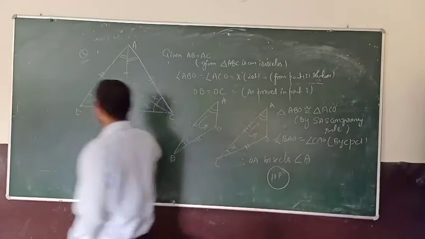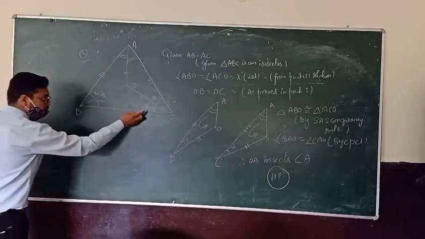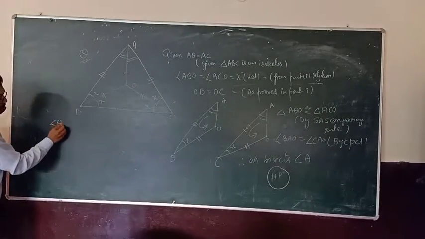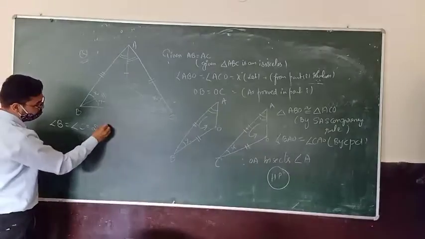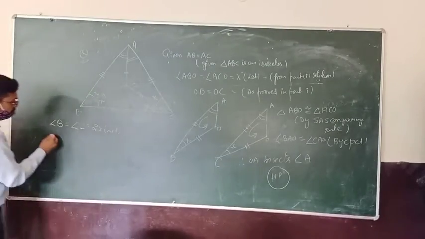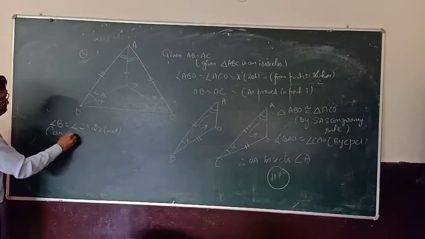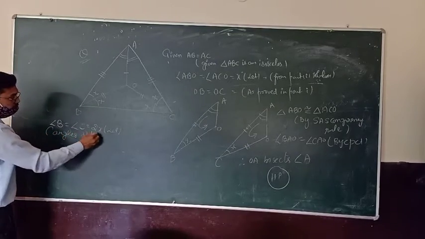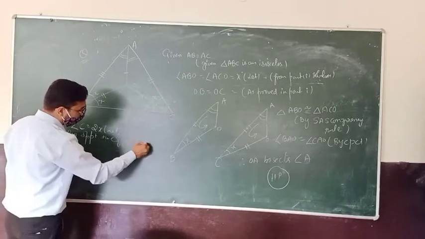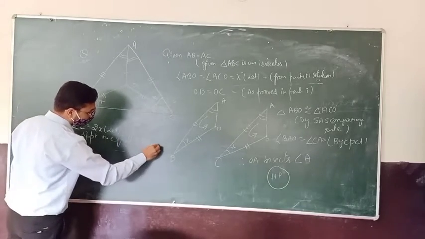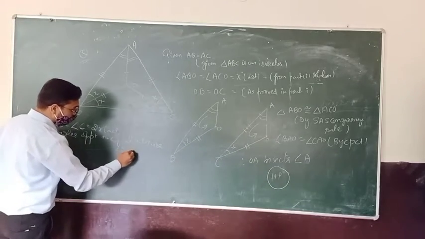Now those who have doubt in this, that why these angles are equal, so you can say angle B equals angle C. Let's say this angle is 2x and the reason is angles opposite to equal sides are equal. Okay.